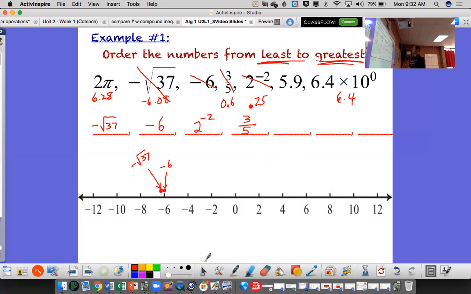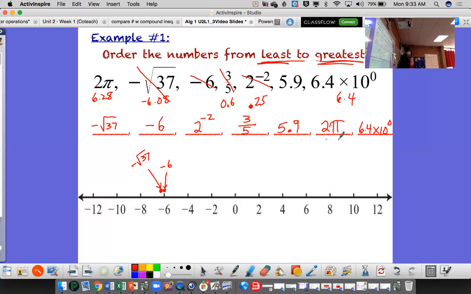The next one I'm going to write down is 5.9, and then 2 pi, and then 6.4 times 10 to the 0. Okay, so now I've ordered them from least to greatest.